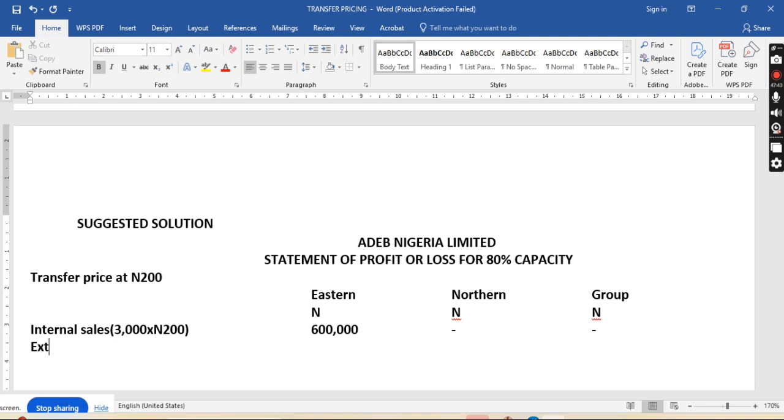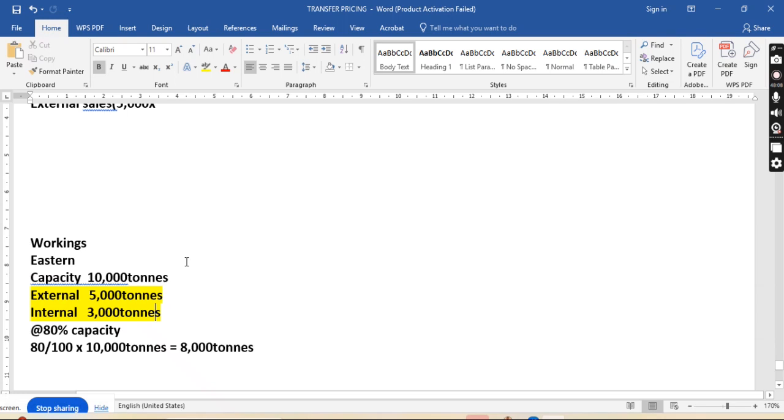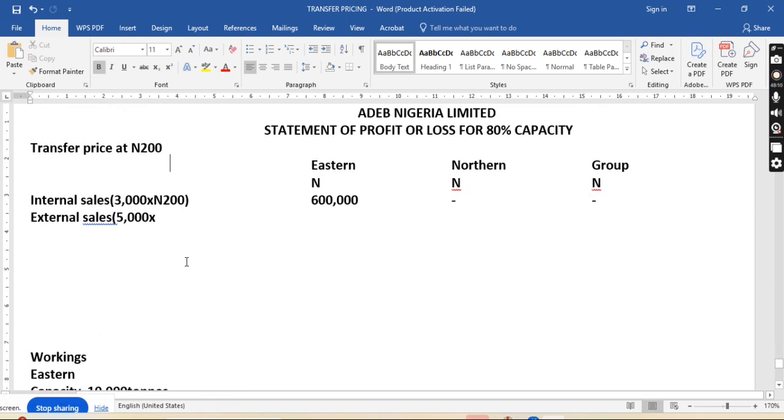Then external sales, for the Eastern. The external sales is 5,000 tons, times, don't forget, they will transfer at the same price, 200.